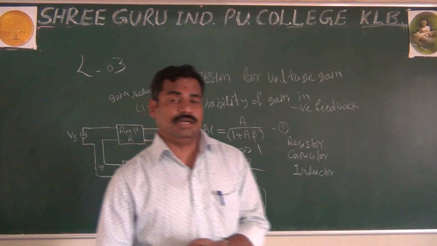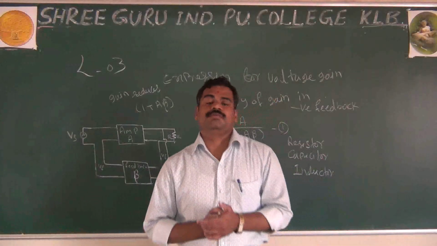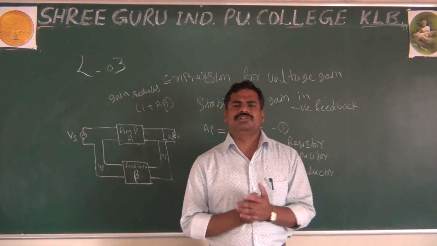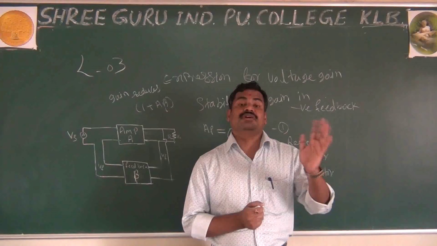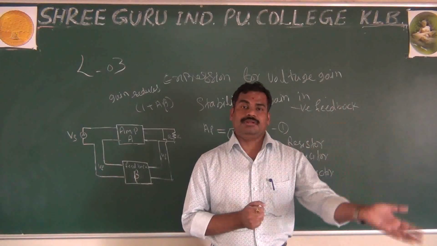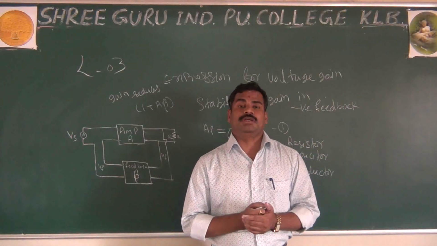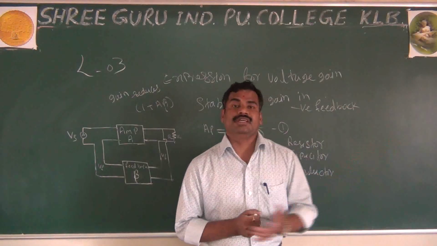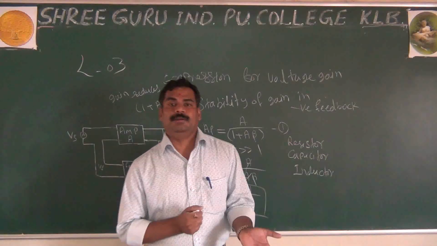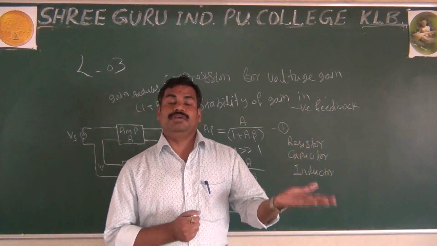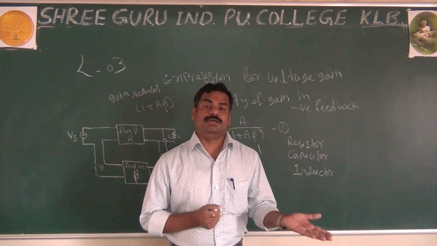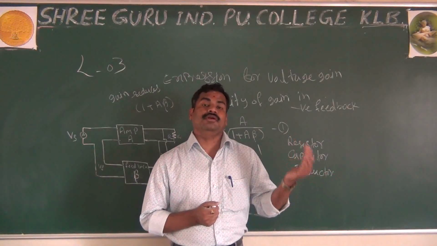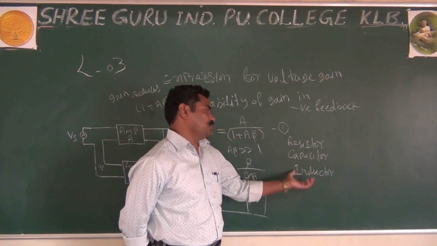Your feedback network is constructed using passive components, and as we know, passive components do not vary. They do not have any aging effect, and if you vary the supply voltage, it does not affect the resistor, capacitor, inductor.